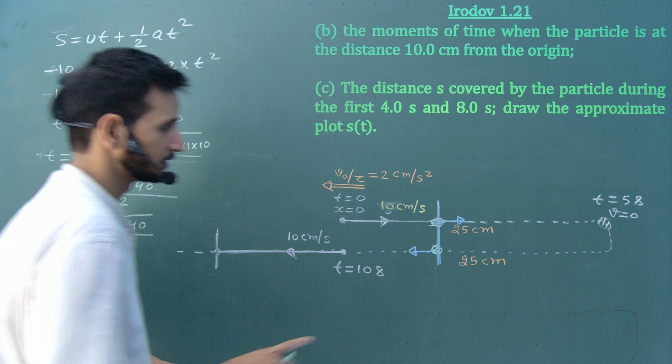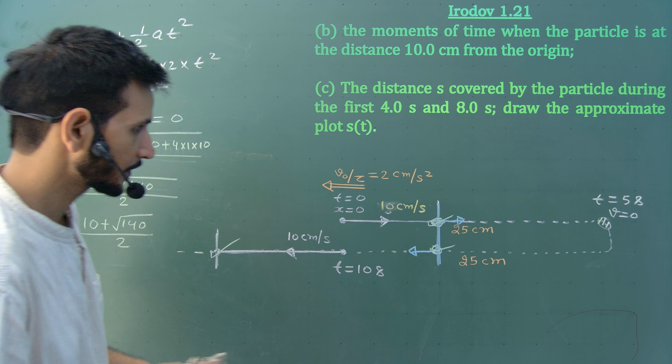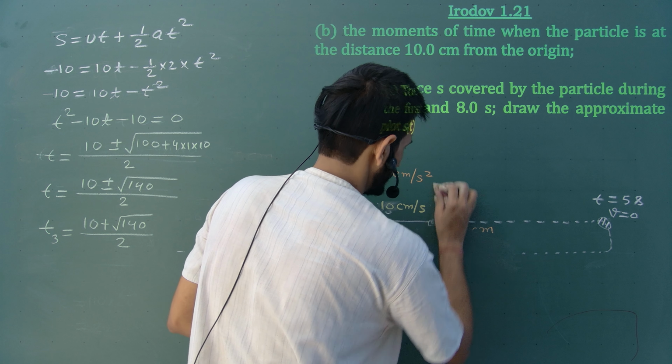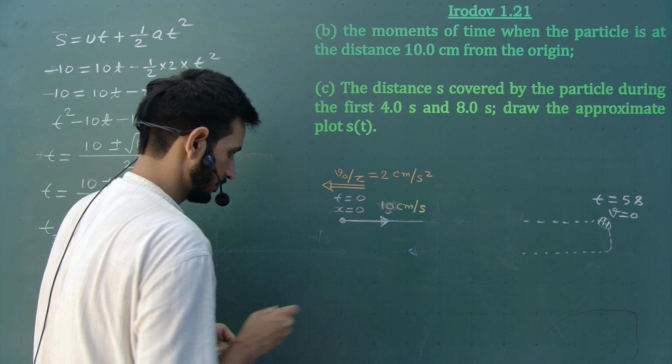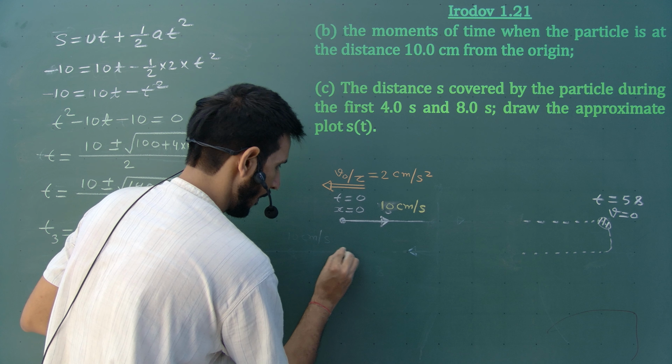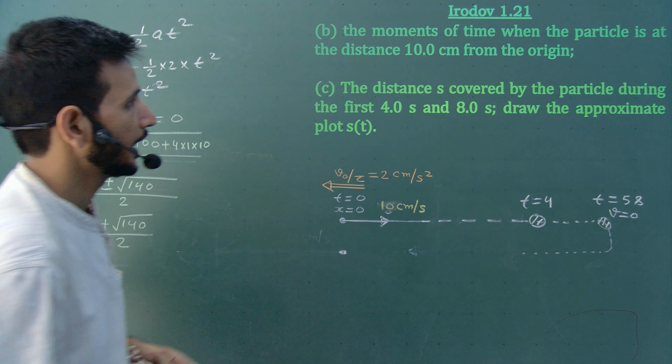Now in part C, the distance covered by the particle during the first 4 seconds and 8 seconds. So during the first 4 seconds, t equal to 4 and 8 seconds.